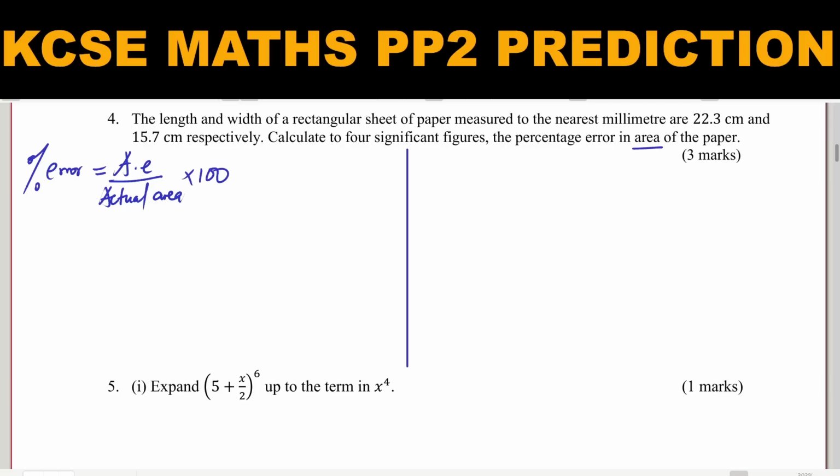How do you get the absolute error when you are getting the area of this paper? It will be given by half into brackets maximum area minus the minimum area. That is how you're going to get it. So we need to get the maximum area and the minimum area.